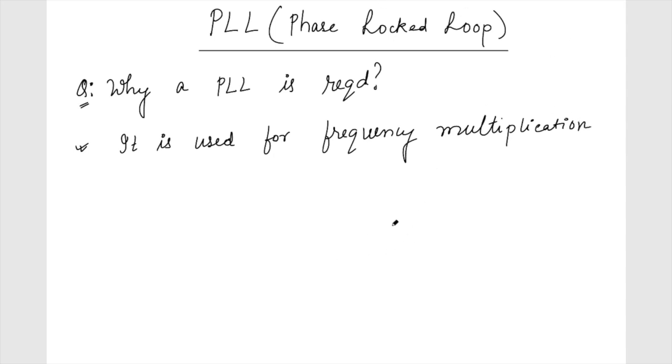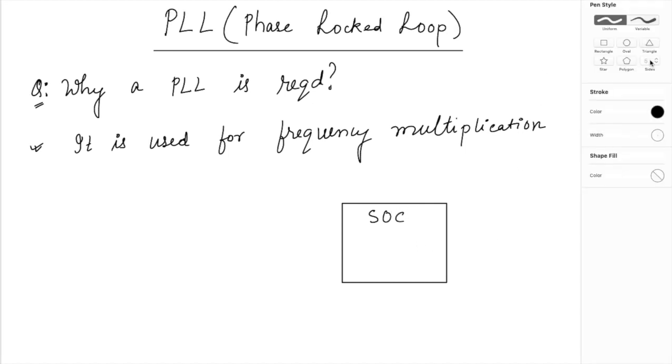Suppose I have a system on chip, SoC. Nowadays the digital blocks in an SoC may be operating at gigahertz frequency with the advancement of technology, with a very advanced technology node. So the SoC will definitely work in the gigahertz range.